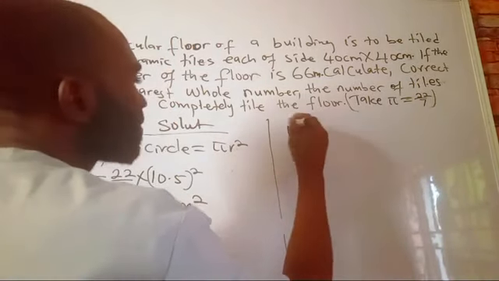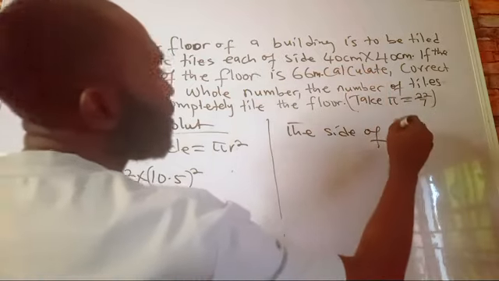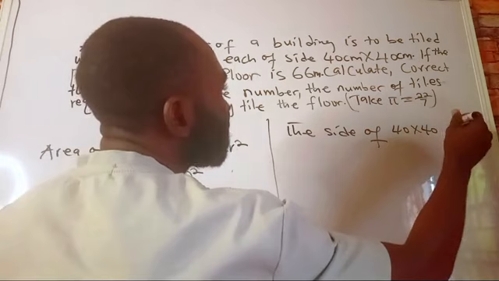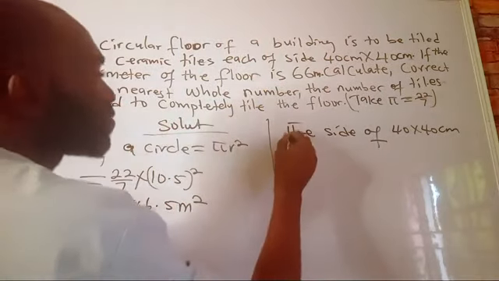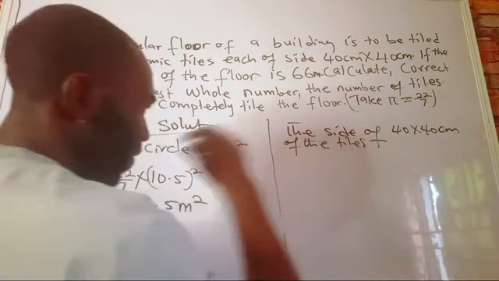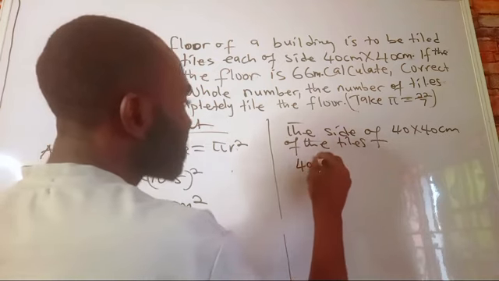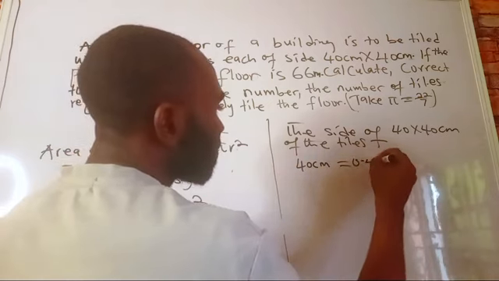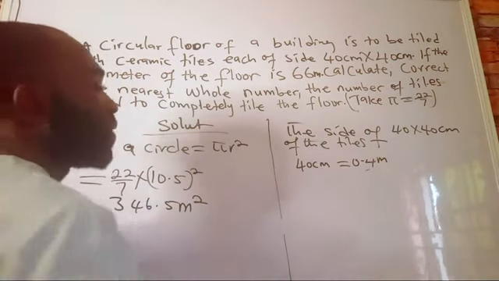The side of the tiles is 40 by 40 centimeters. So 40 centimeters can be converted to 0.4 meter. That is, you divide by 100, and this is what you have.